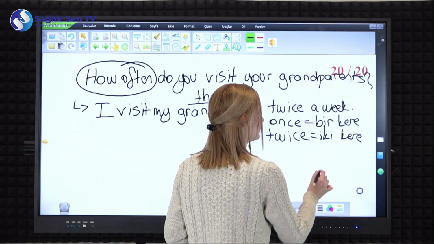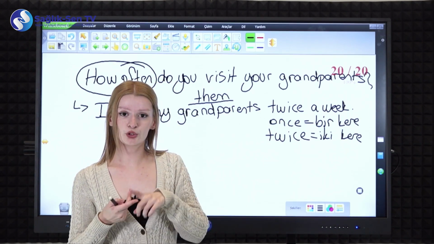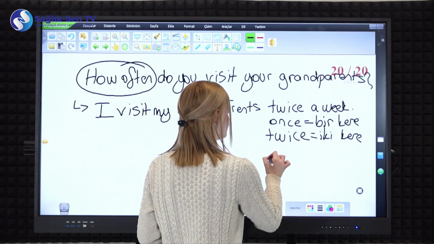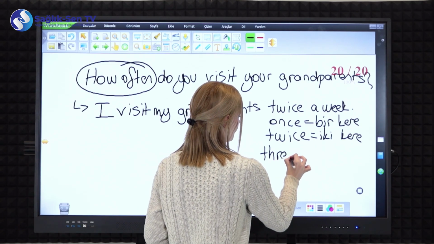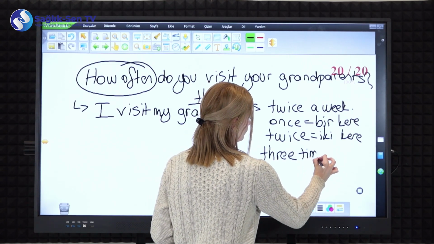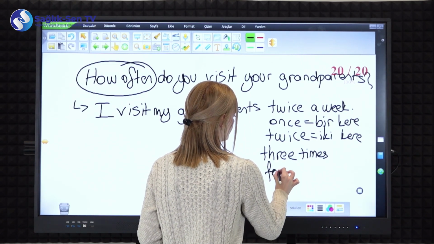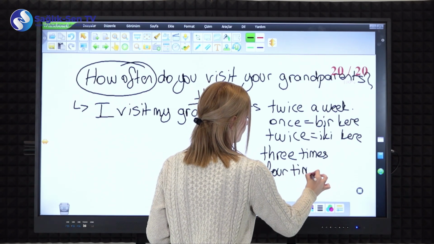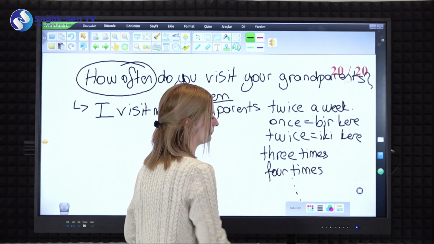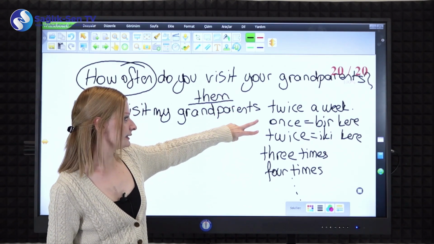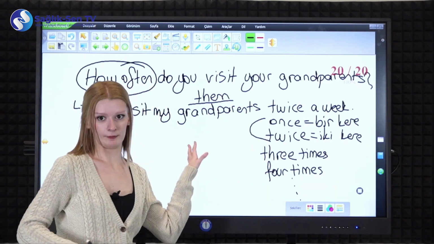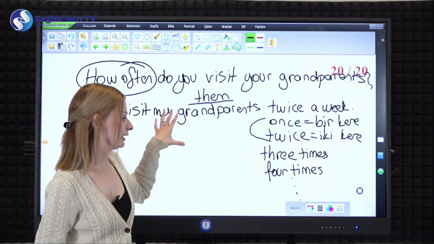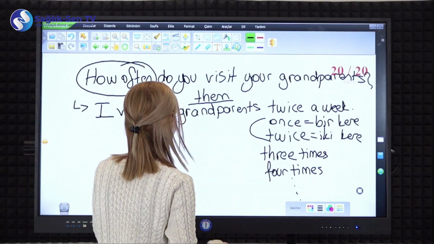When we're talking about the other ones, 3 kere, 4 kere, we use 3 times, 4 times, and etc. These two are exceptions. The others are according to the rule.